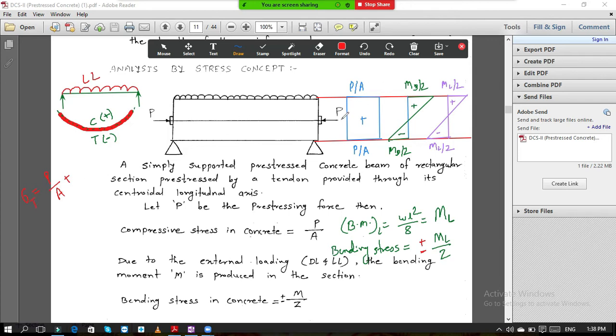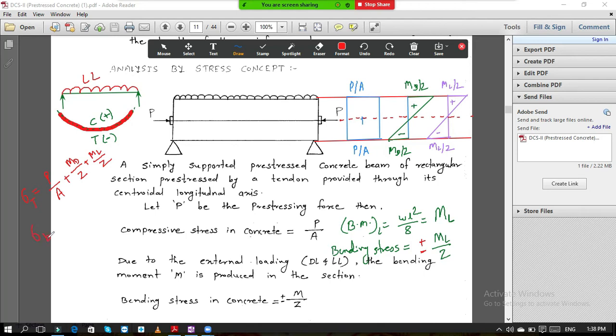Then at top we are calculating sigma T, means stress at top. So this is our neutral axis. From here neutral axis is passing. So above the neutral axis area is the top area, below the neutral axis area is the bottom area. So at top, P by A plus MD by Z plus ML by Z. This is the stress at top.